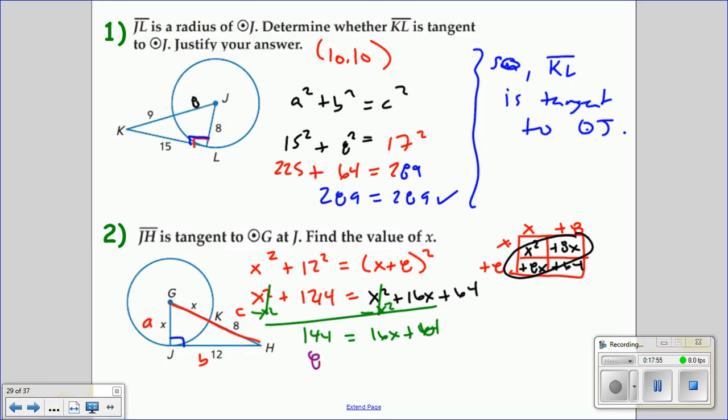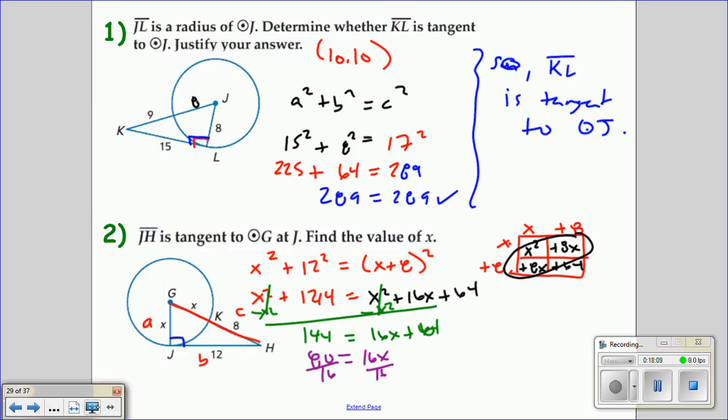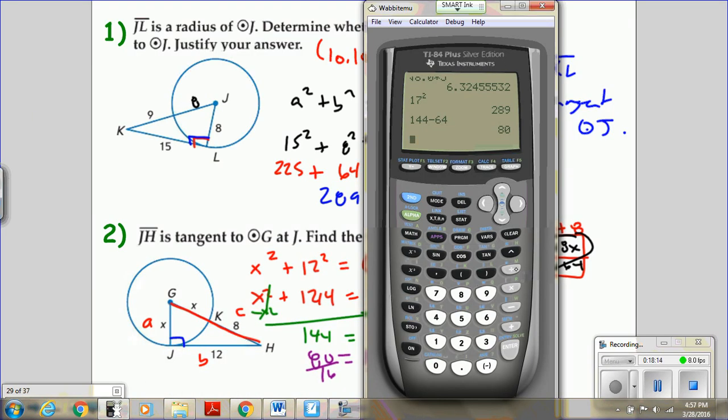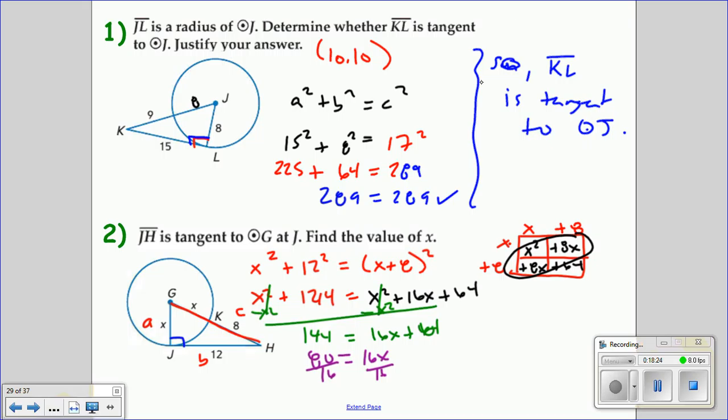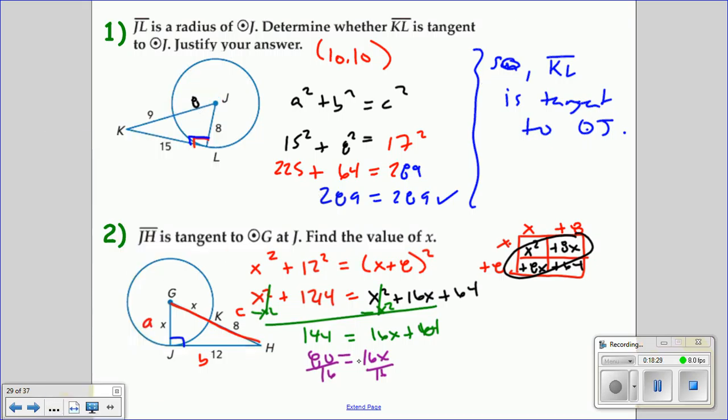So 80 is equal to 16x. Divide both sides by 16. Pretty sure it's 5, but let's be sure. Yep, it is 5. So 5 is equal to x. And that's all we had to do for example 2.